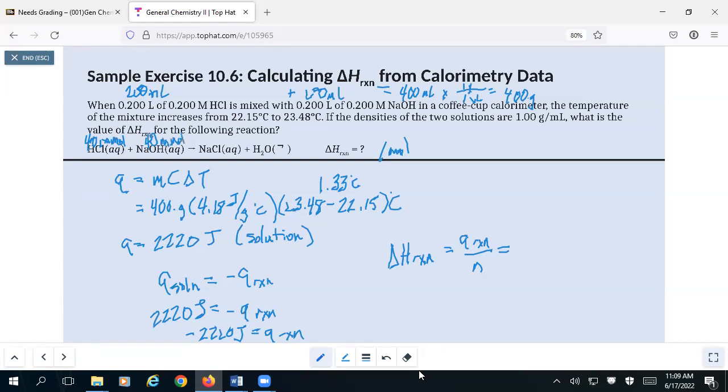And since all of this reacts in a 1-to-1 fashion, we'll end up with 40 millimoles of each product by the end of this.